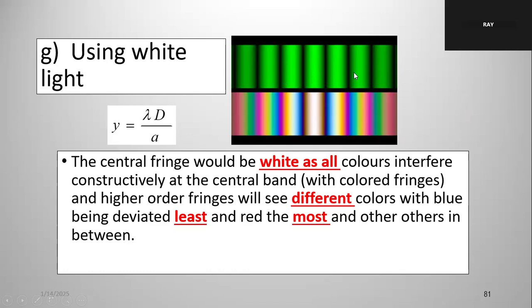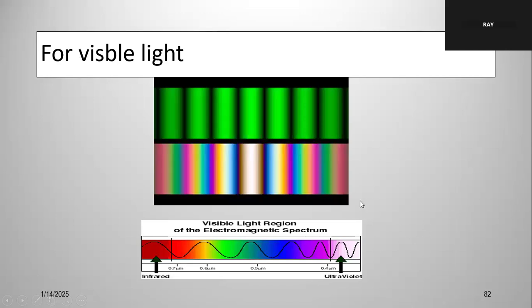As you look at higher orders, you see different colors, with blue being deviated least, blue shorter wavelength, deviated least, and red the most, and the others in between. Right? That's why you see all these color fringes at the edge, because of the different wavelengths. Okay, I don't think we want to go any further than that.